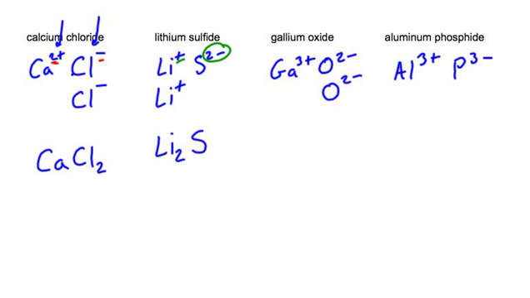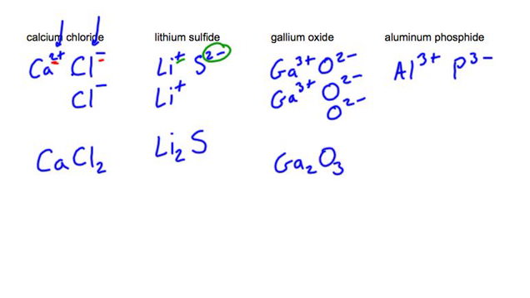So what happens? Well, we got to add to the gallium side. So if I add another gallium, now gallium's +6, but now oxygen's unbalanced again. So we go back to oxygen, and now it's even. 6+ and 6-, they're equal. So I can write Ga2O3, and that's the formula there.